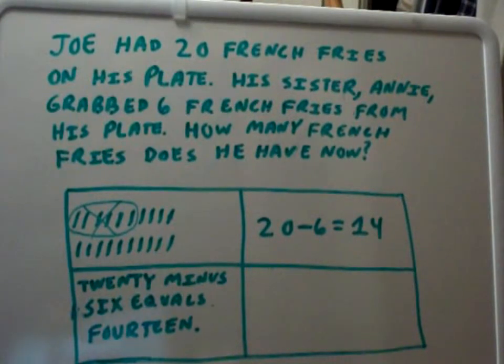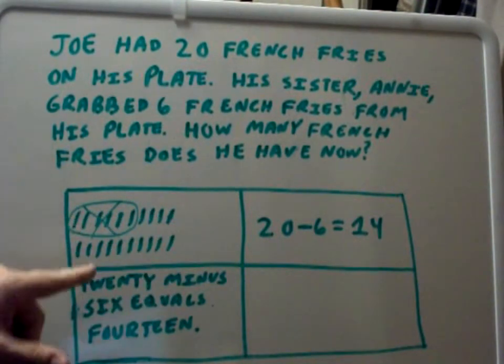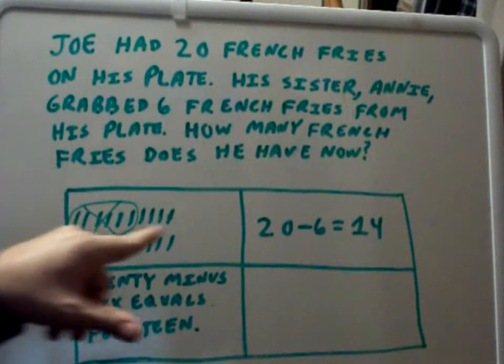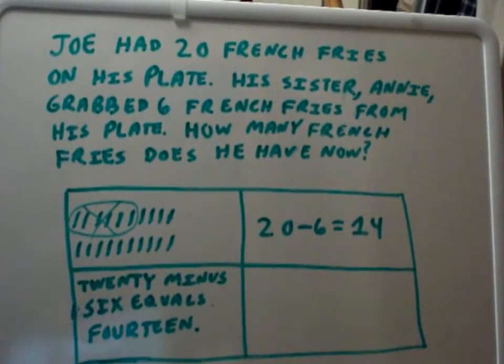Then I crossed out 6 French fries because Annie grabbed them. That's what we did. Next, I counted how many French fries were still on the plate. We counted them, 1, 2, 3, 4, and so on, all the way up to 14. And finally, we established that Joe had 14 French fries left.